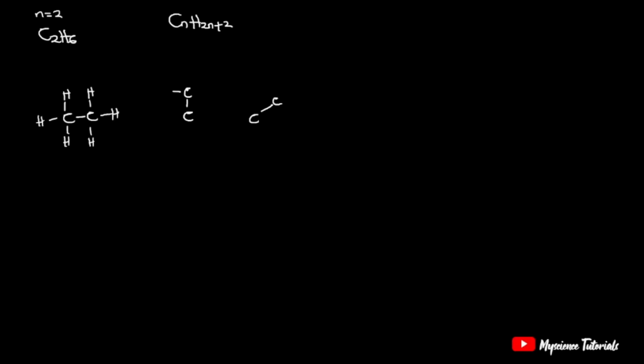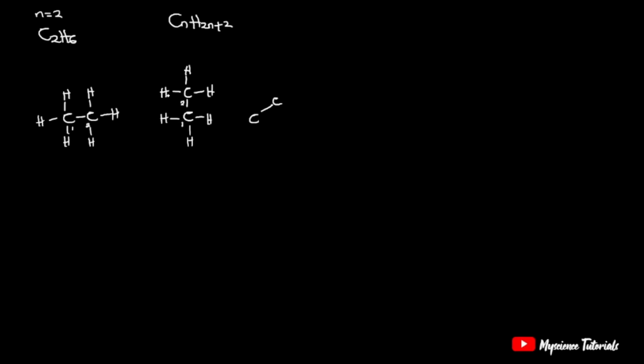The same way here, if we add the hydrogens here as well, you get to realize that we have carbon 1, carbon 2, and this is also carbon 1, carbon 2.